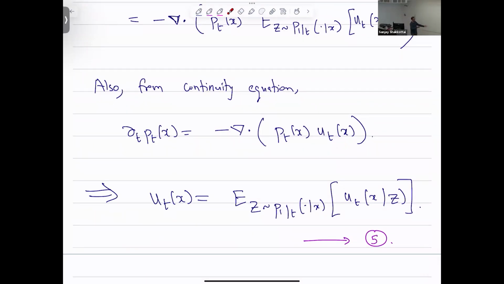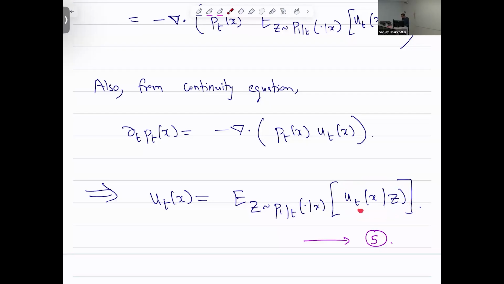So ut is nothing but the conditional expectation of the conditional velocity field given z.